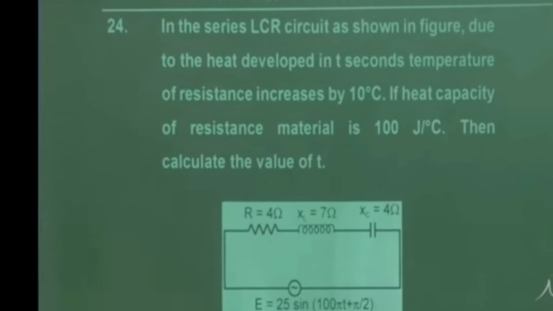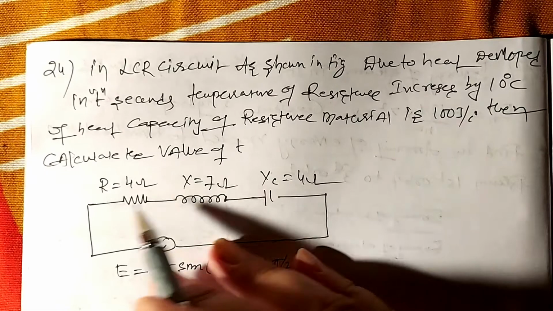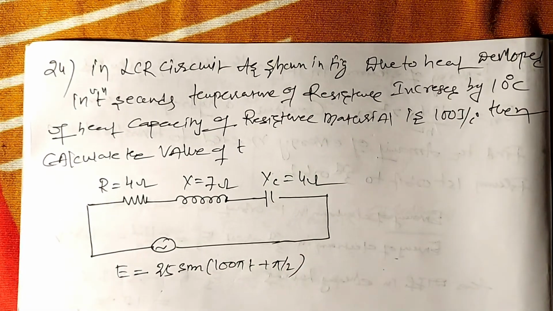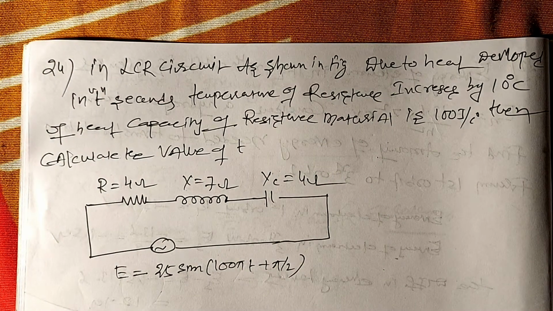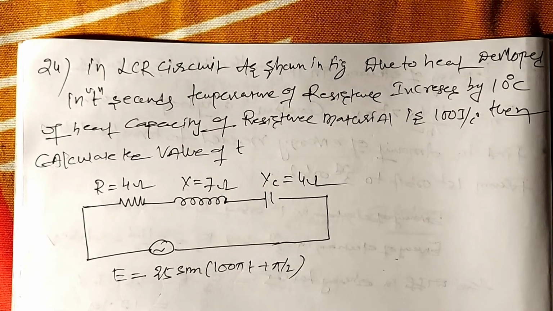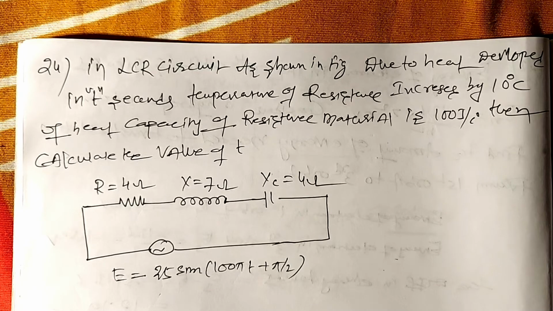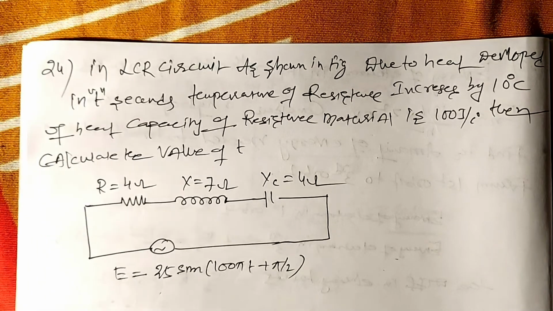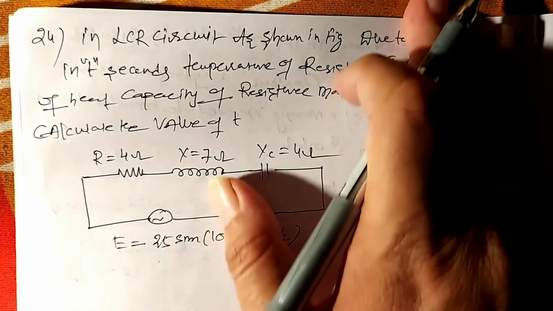If the heat capacity of the resistance material is 100 joules per degree centigrade, then calculate the value of T. Whenever current is passing through a resistance, heat is developed. Due to that heat, temperature increases by 10 degrees centigrade. Okay, then what is the value of T?